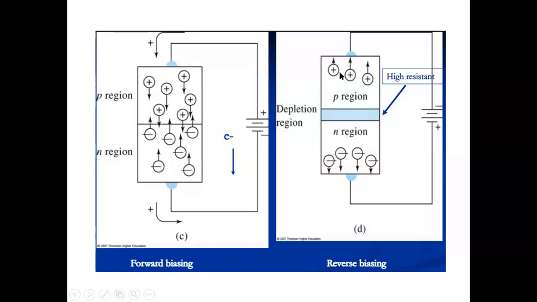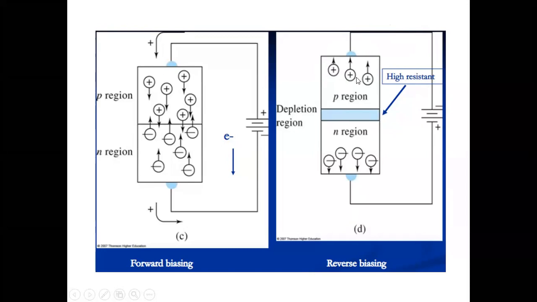And the holes in the P region will move towards the negative direction, because now this side is negative. The holes, which are positively charged, like the negative charge. Therefore, holes will move towards this direction.